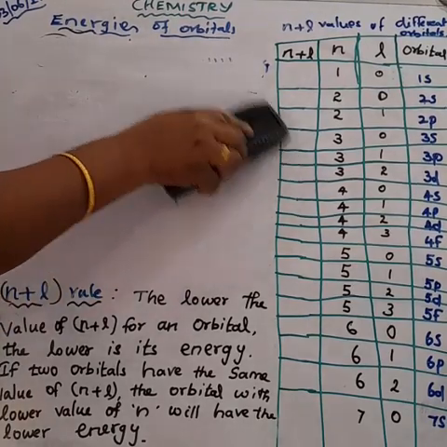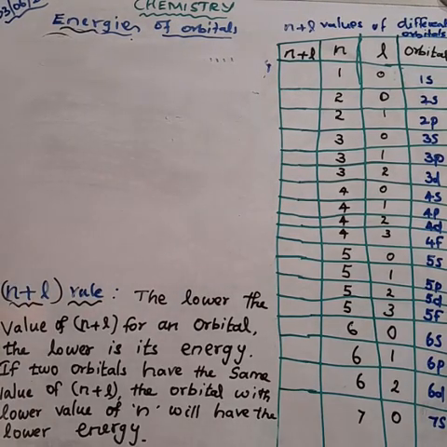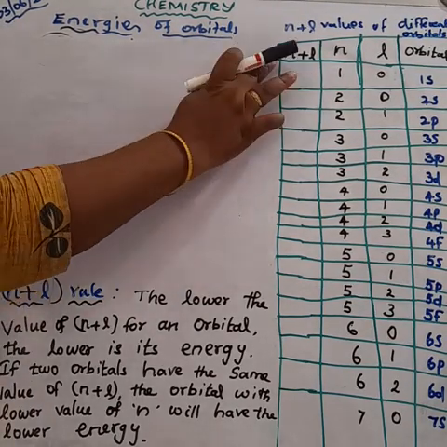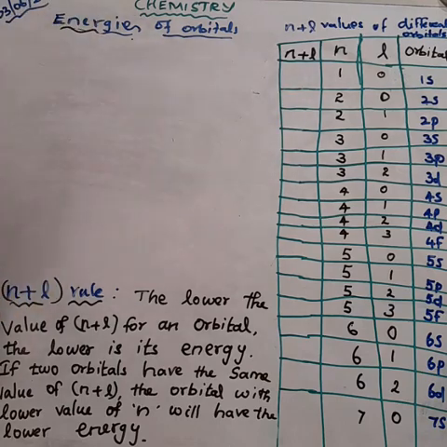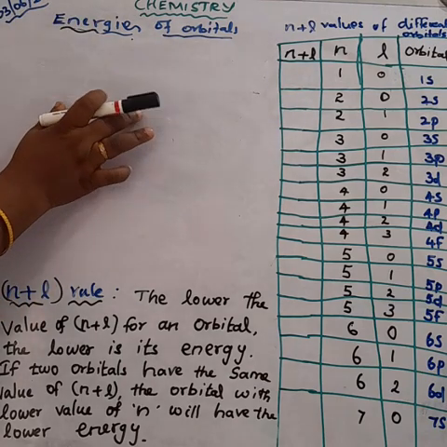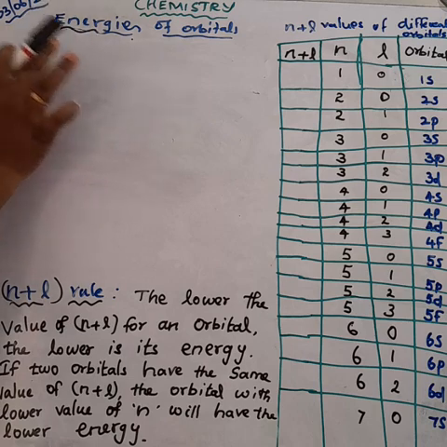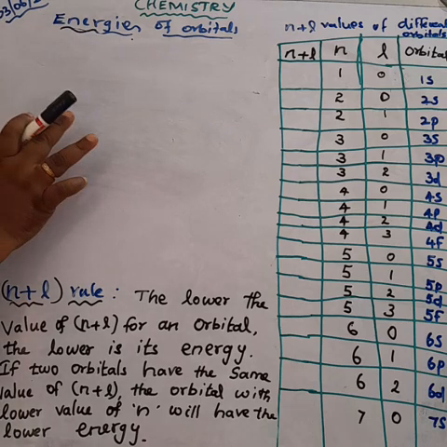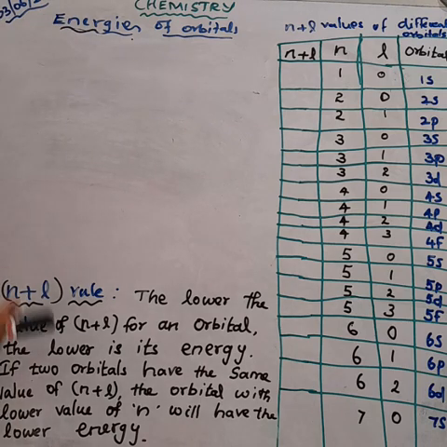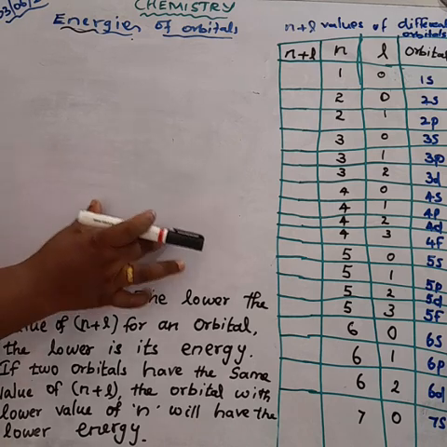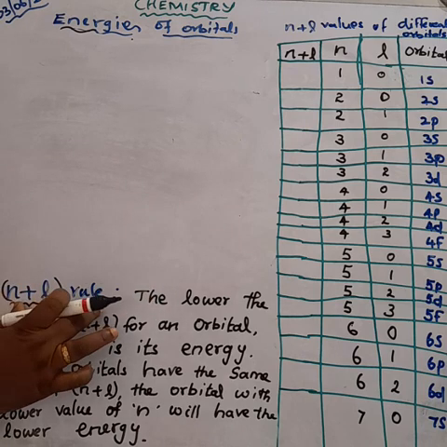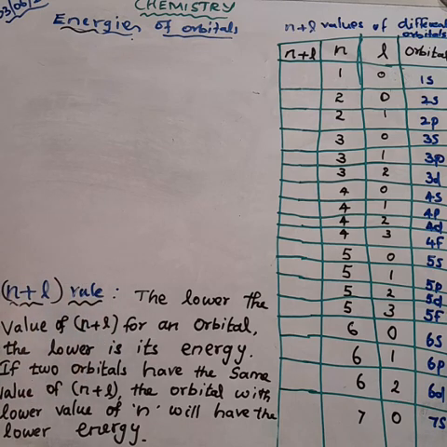I have written the increasing order of energies here; this order is only suitable for one-electron systems like the hydrogen atom. For multi-electron atoms, we write the increasing order of energy levels using the n plus L rule. What do you mean by the n plus L rule?